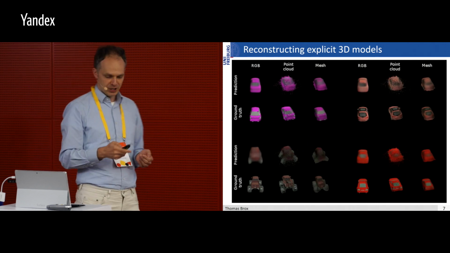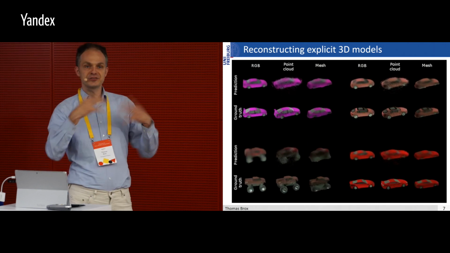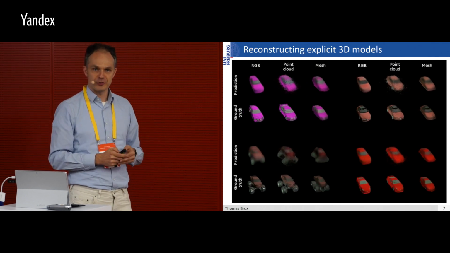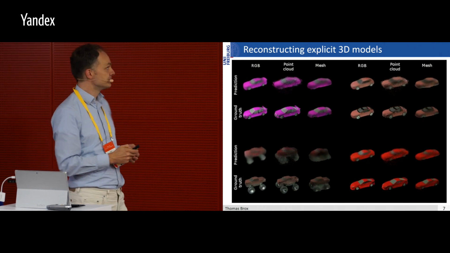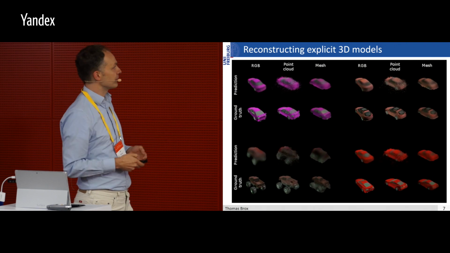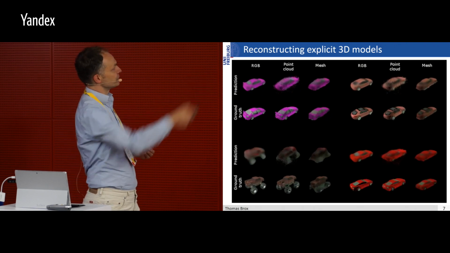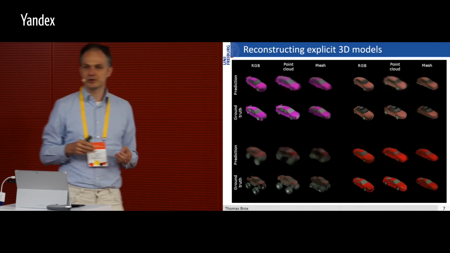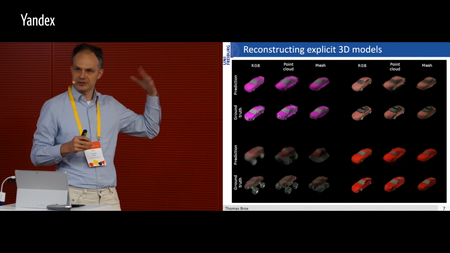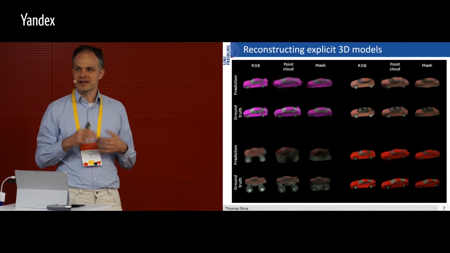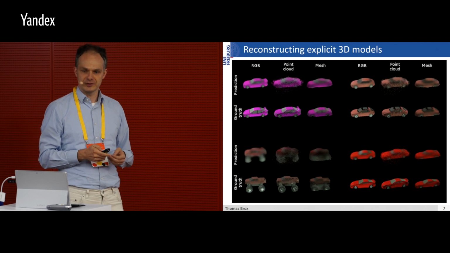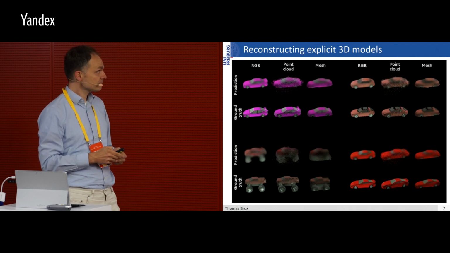That's what we did here, and then you actually have an explicit 3D model that you can reconstruct from this single input image. And you see here a couple of examples. Again, here's the ground truth, this is the prediction, and it works reasonably. Of course, details are missing, so the network is not generalizing so well that it can reproduce the details of the cars.